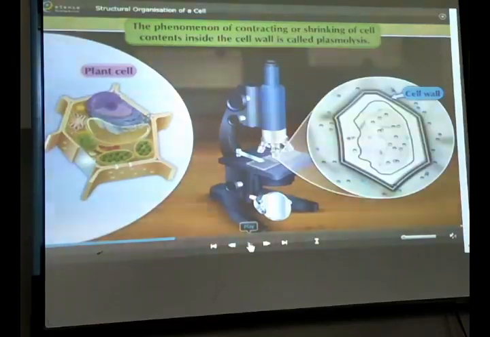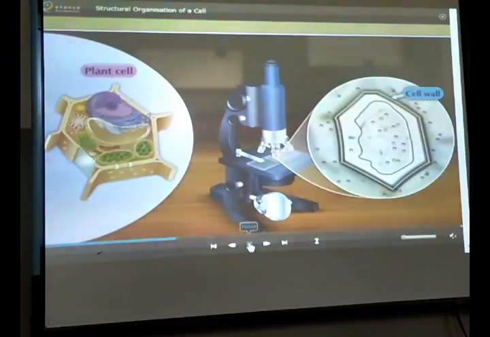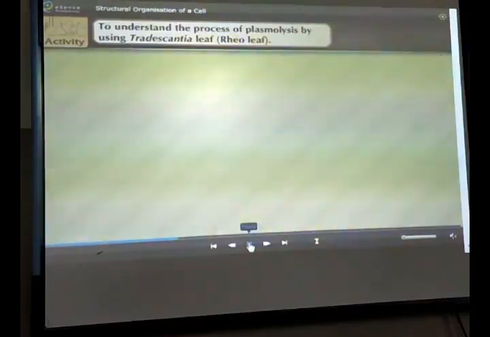So this process in the cell happens through the cell wall, that is the plasmolysis process. Here the plant cell wall functions in this way, and how plasmolysis takes place we can understand through this.